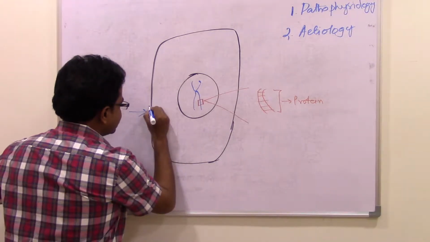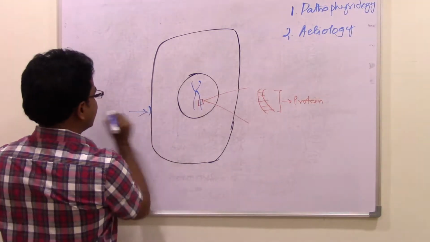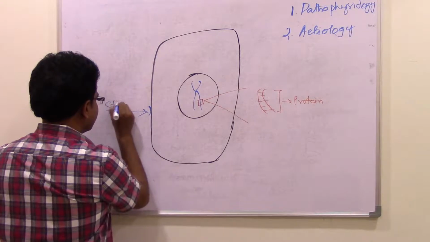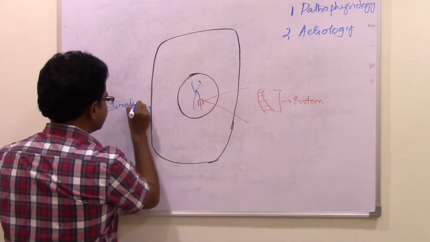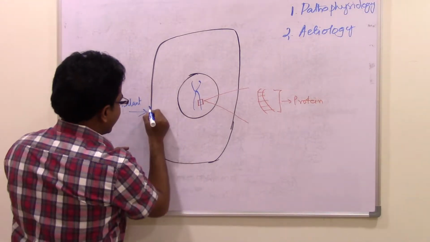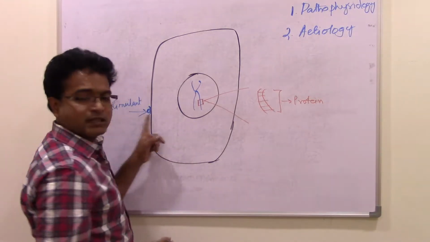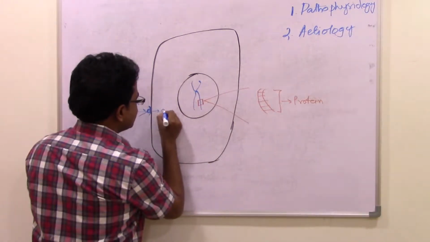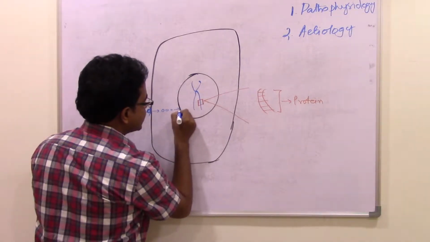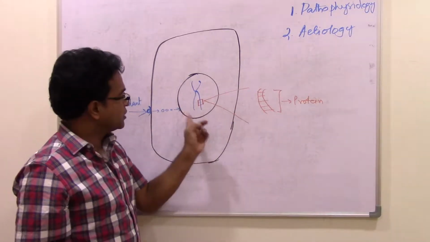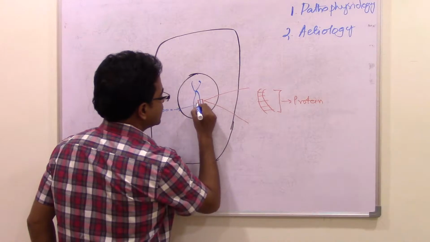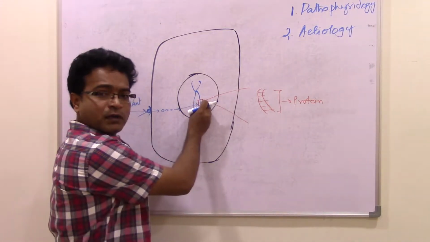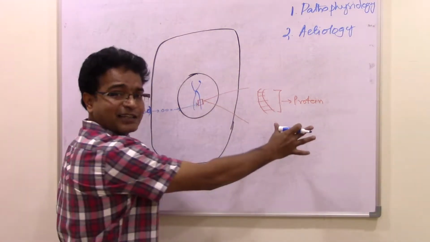So if there is a molecule or a stimulant coming here and speaking to the cell, right? And this receptor leads to activation of a few more proteins, and they come to the nucleus, and from there they go to the gene in a chromosome, and it is expressed.